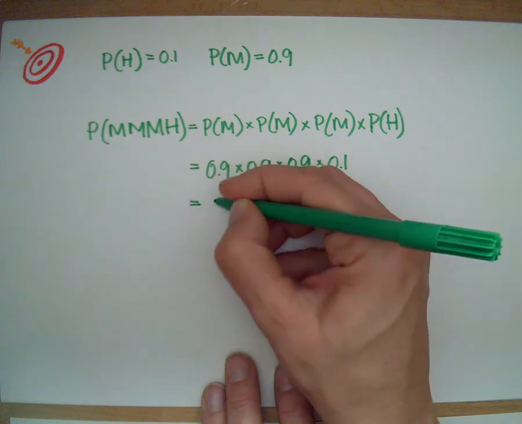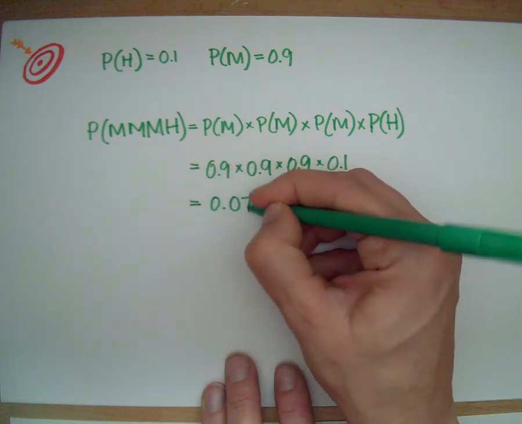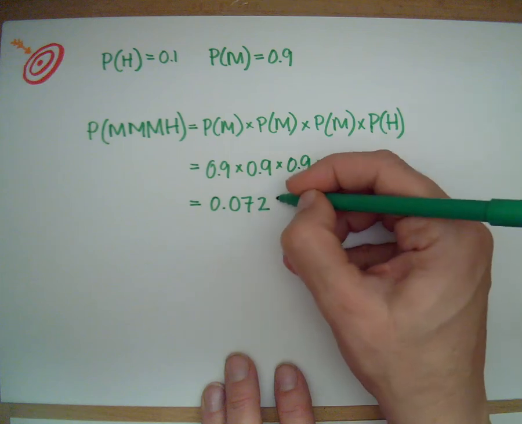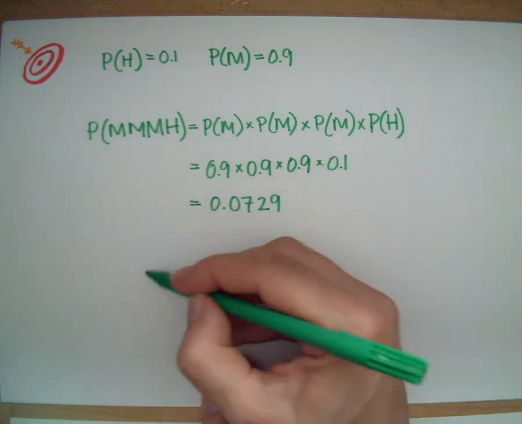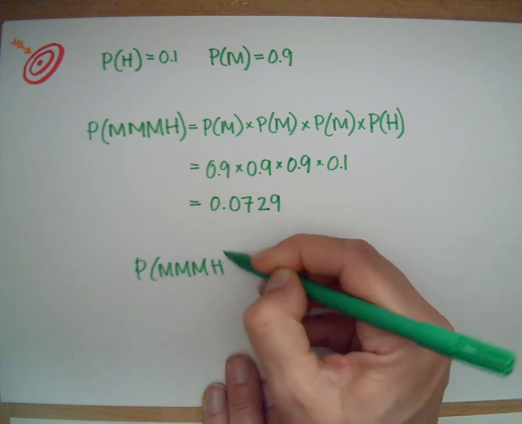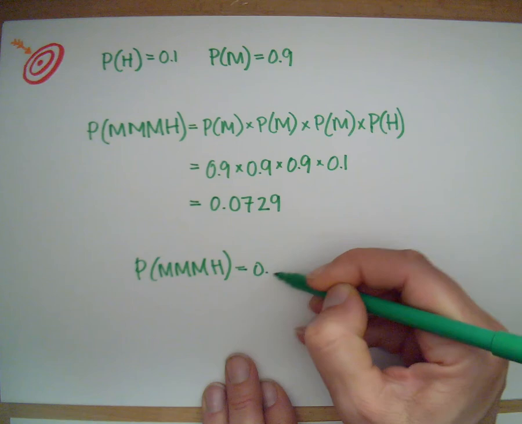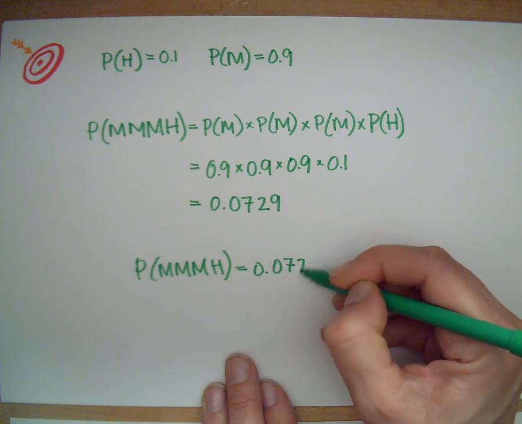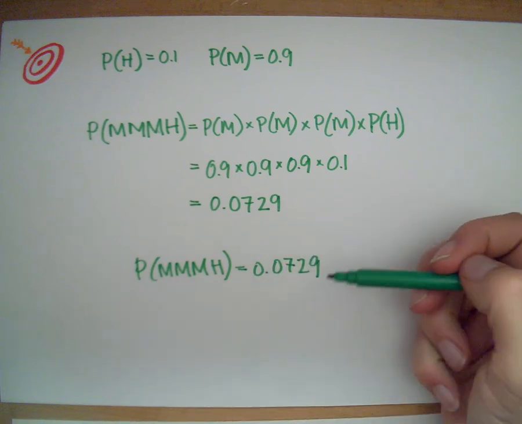And if I do that calculation, I could grab my calculator for that. I get this. So the probability of getting miss, miss, miss, hit is a little more than 7%, right?